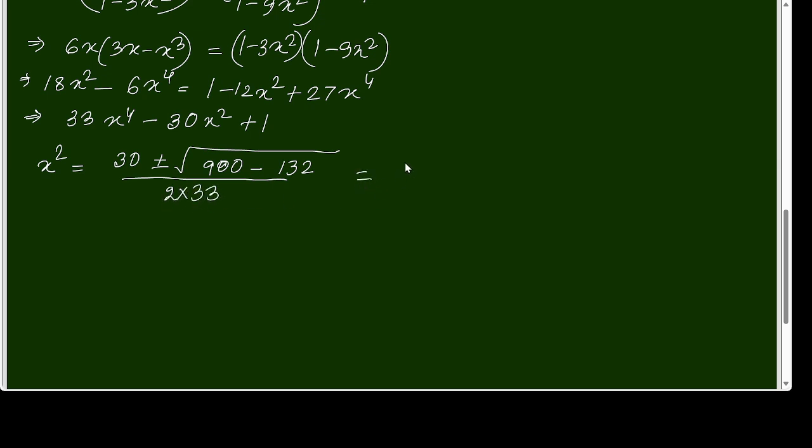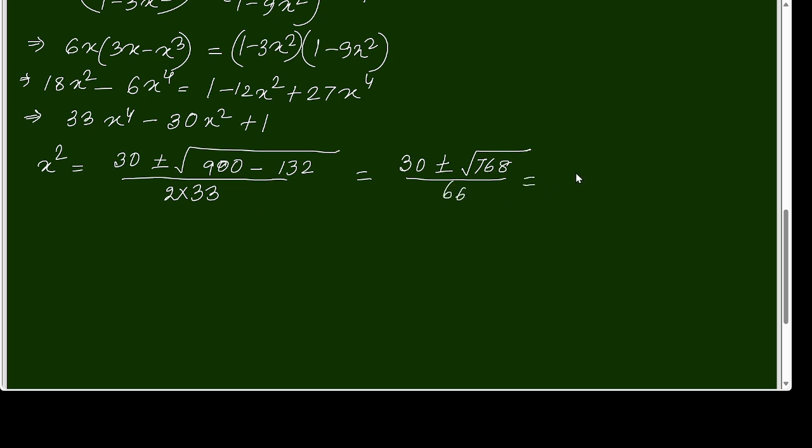So we are getting 30 plus minus square root of 768 over 66.